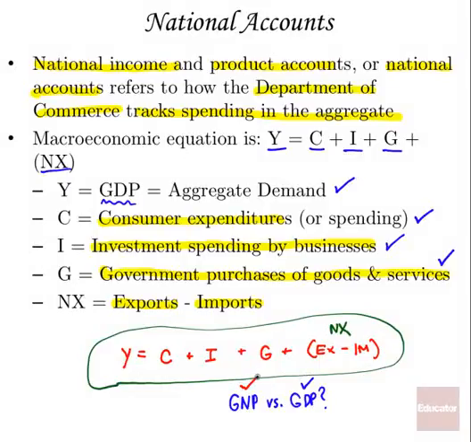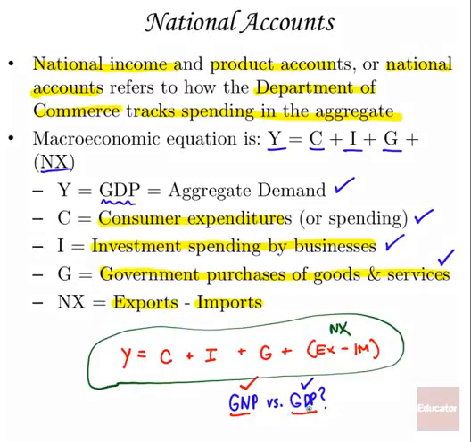GNP is very similar, but it's the value of all goods and services, and you also add the nationality. So if you have a Korean national living in the United States, you would take that out of U.S. GNP, and if you have an American living in Korea, you would add that to U.S. GNP.